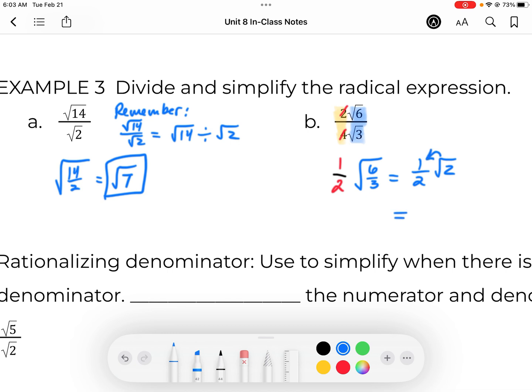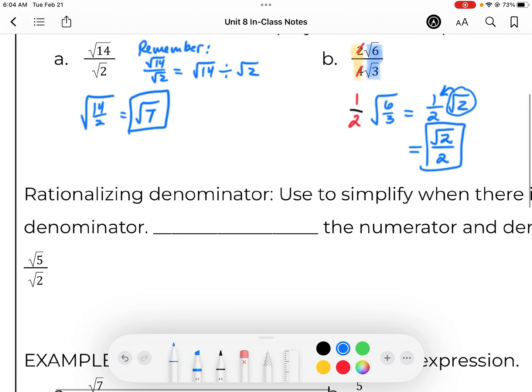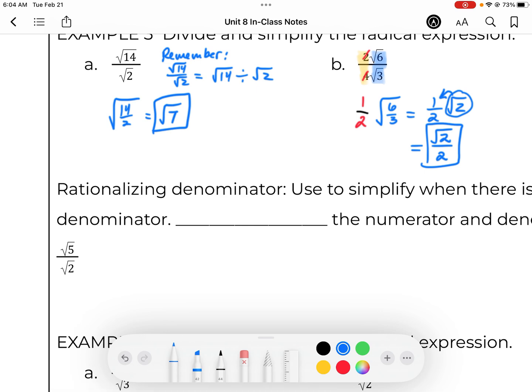So I'm going to rewrite that as 1 times the square root of 2. But when you multiply something by 1, you get whatever that thing is. So the real answer is just root 2 over 2. Because I can't simplify those. One is a radical, one is not. And I don't have a square root term in the bottom of my fraction anymore, so this can be my final answer. Okay? Now we're going to talk about what it means to rationalize the denominator.